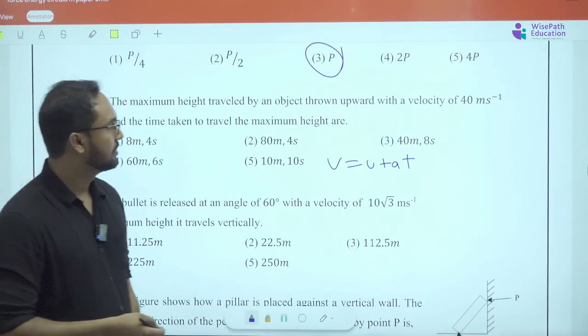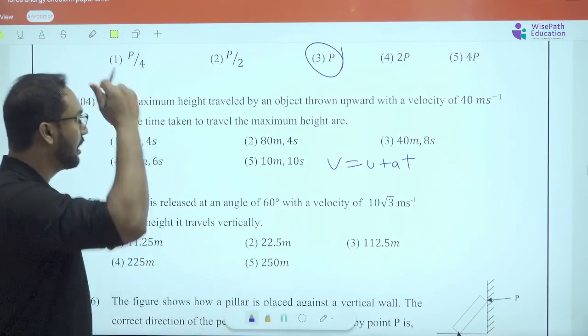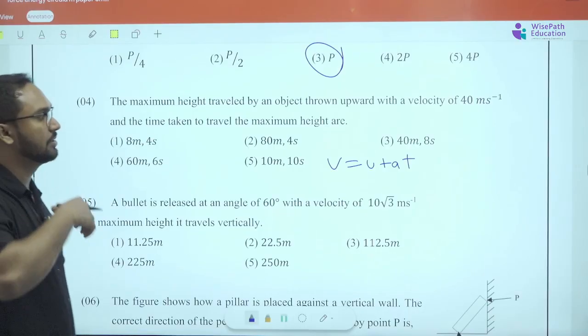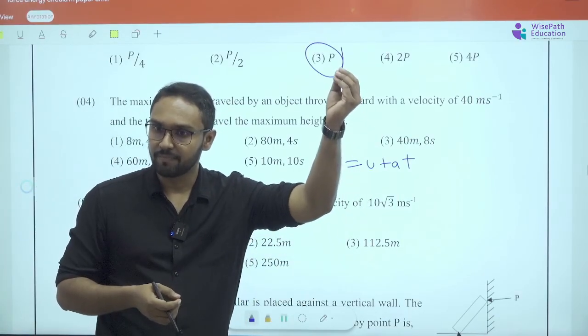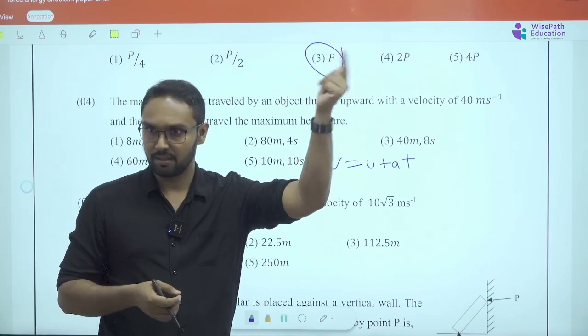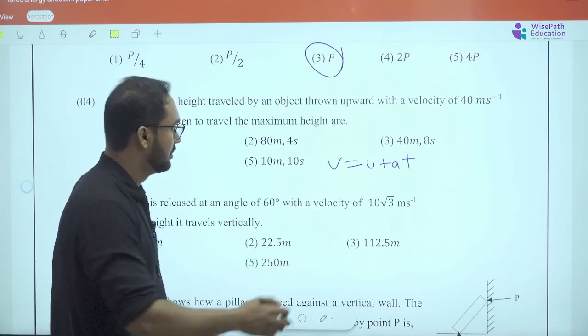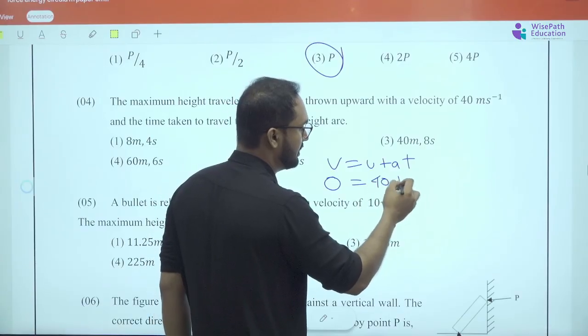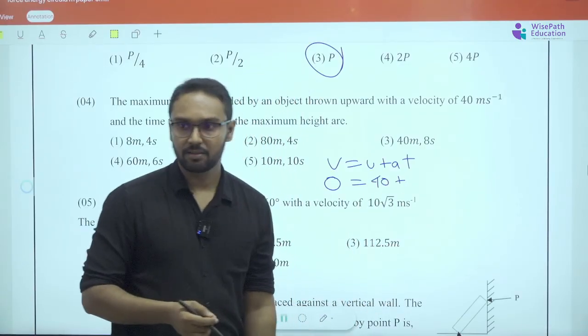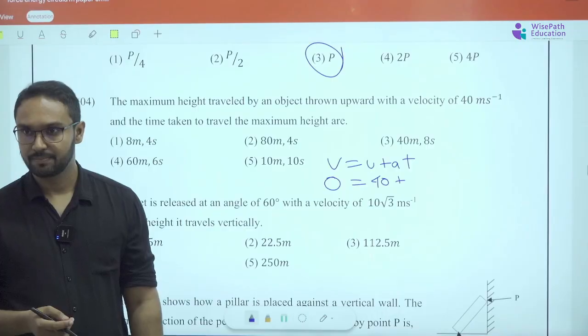Can you remember there was an equation like this? Yeah. So you are throwing it upwards vertically. What happens to the final velocity? When the object goes up, the velocity becomes 0 at the peak, yes? So it's 0. The initial is 40 plus, is it an acceleration or a deceleration towards up?